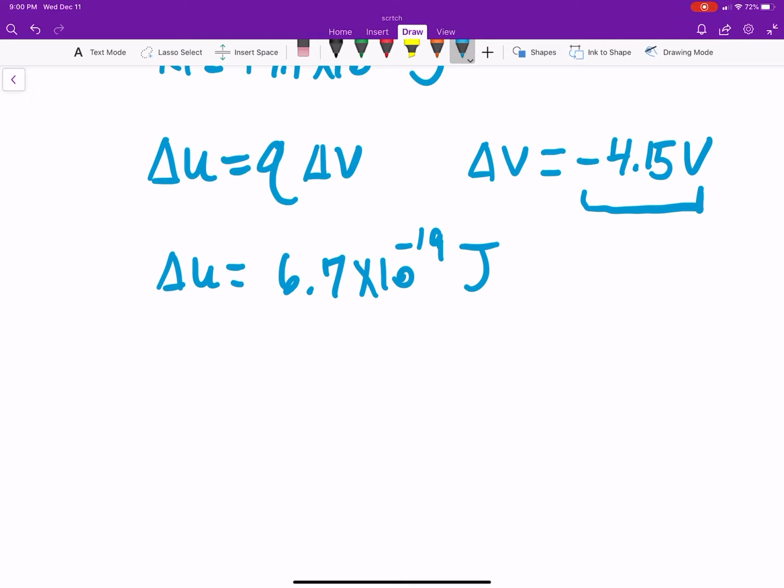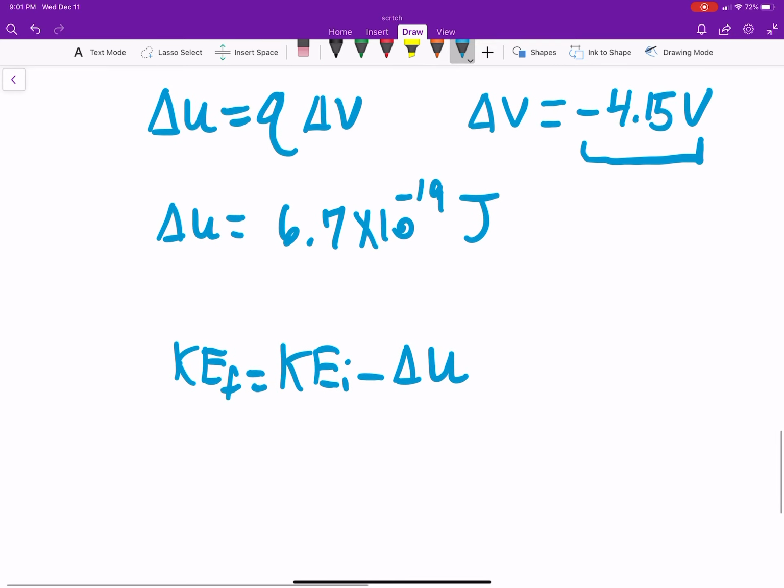And you can go through the same process and you'll find that your kinetic energy final is equal to kinetic energy initial minus delta U. You can work through it. It's the exact same process as before. The only difference is delta U is positive, so now we're going to actually be subtracting these guys.